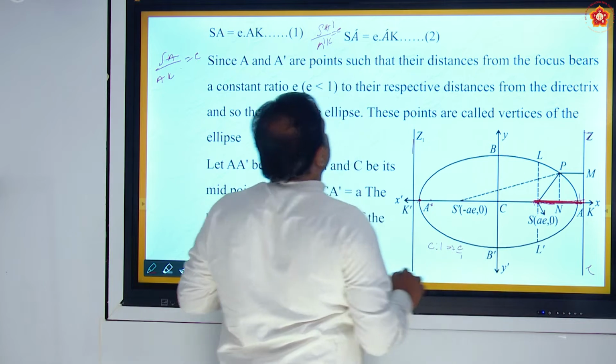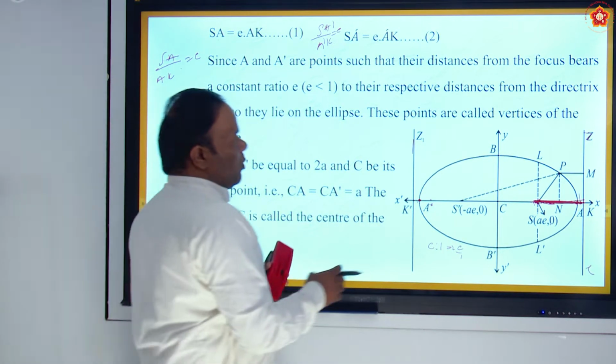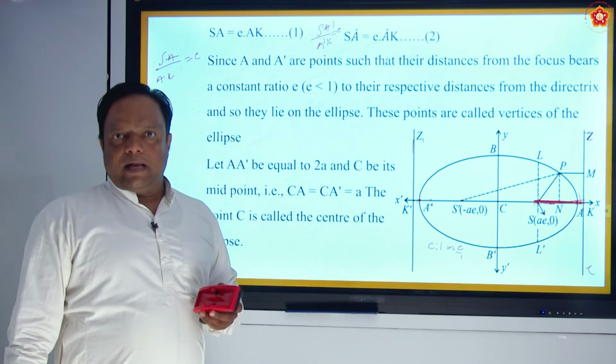These points are called the vertices of the ellipse.